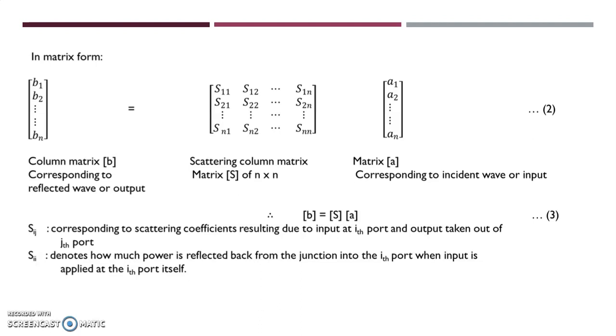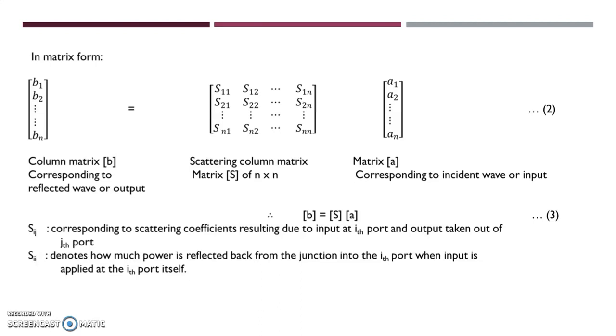S11 is power connected to the first line and power reflected from the first line. So accordingly you can understand. To understand S11, S12, let us remember Sij corresponds to the scattering coefficient resulting from the input at the ith port and output taken out of the jth port. Sii denotes how much power is reflected back from the junction into the ith port when input is applied to the ith port.